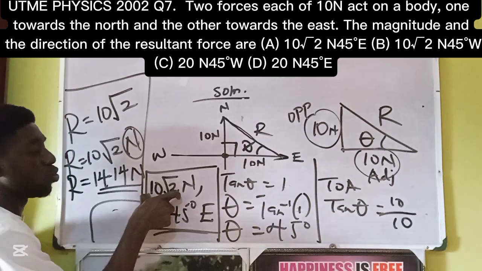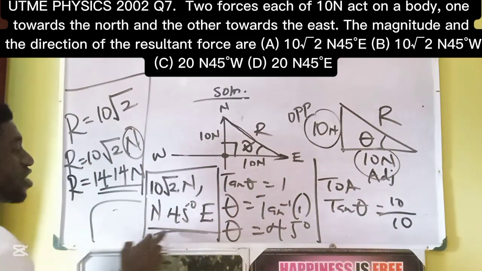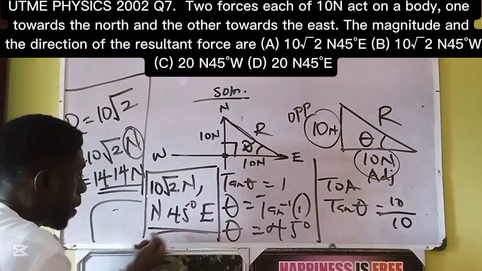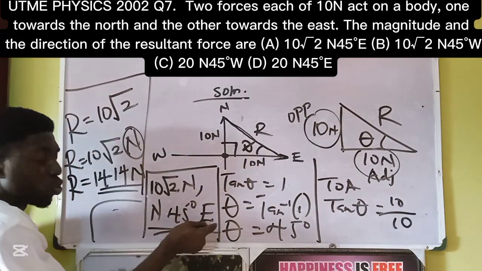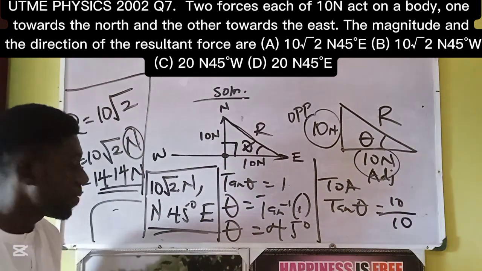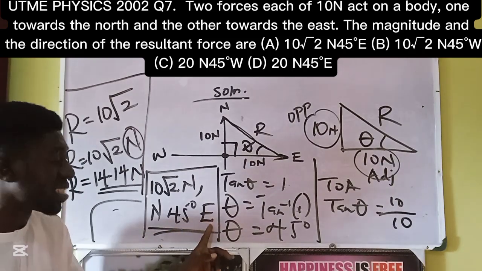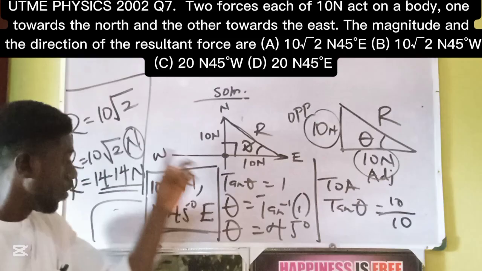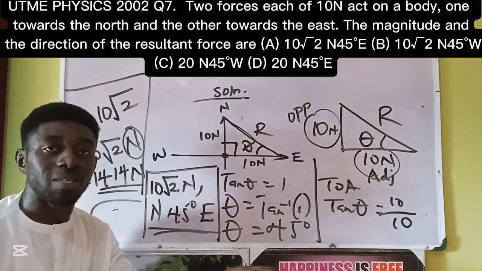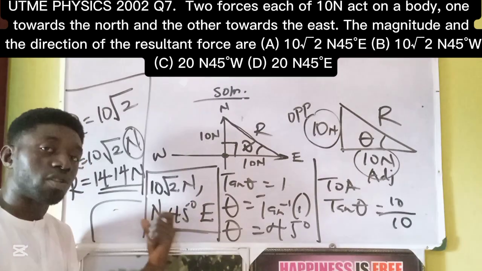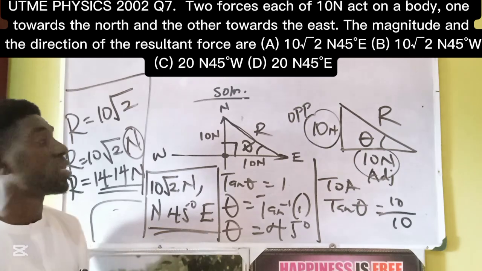That's the number, the size of the force, at the direction of 45 degrees coming from north going to where? East. That's why I said 45 degrees east of north. East of north means it's coming from north going towards east.